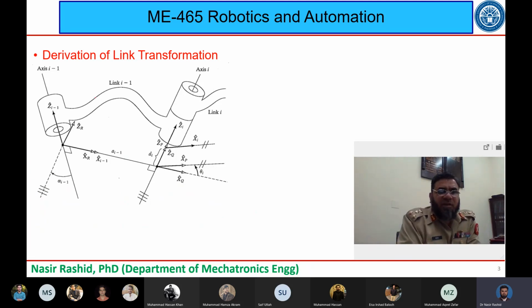So the figure or the diagram which you see at the moment on your screen is not new for you. We have already talked about this diagram in which we had a link, link I minus 1, and it had two joints on its both ends.